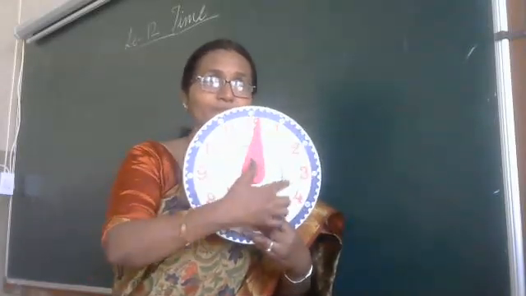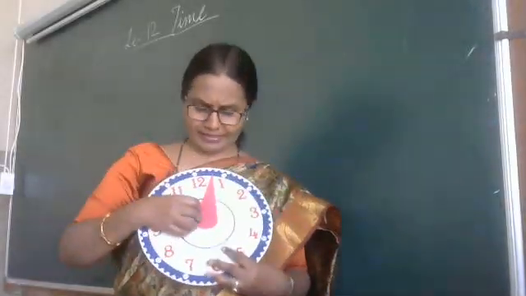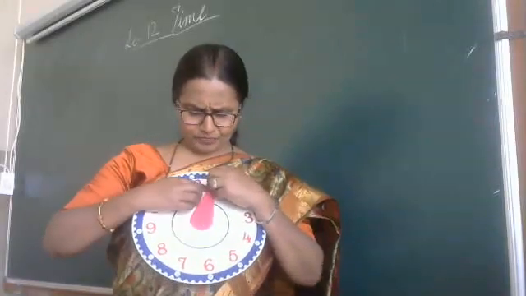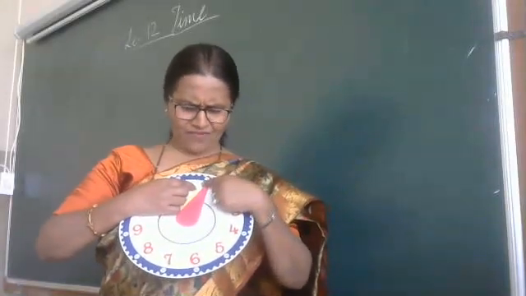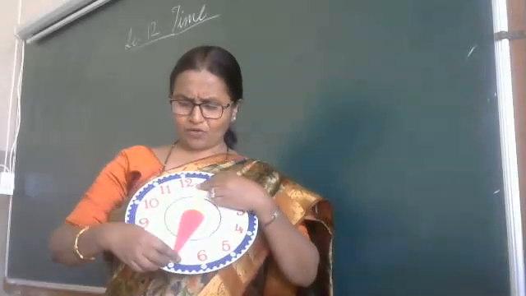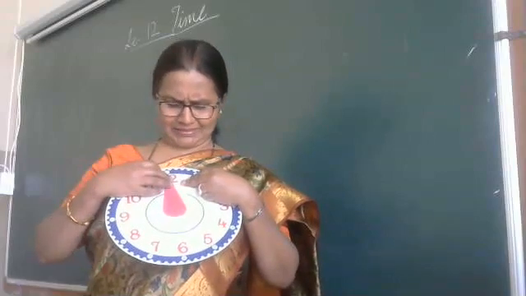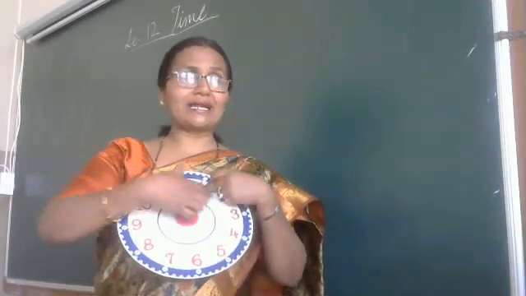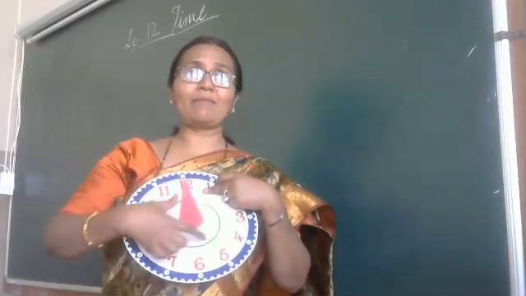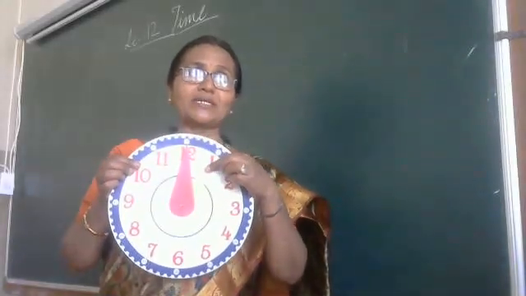Now it is 12 o'clock, right? Now it completes 12, 5, 10, 15, 20, 25, 30, 35, 40, 45, 50, 55, 60. And the time, see, it completes those 60 minutes and that makes 1 hour. And now what is the time?